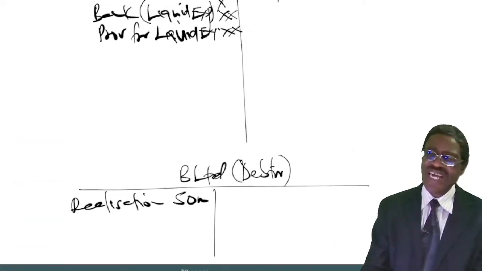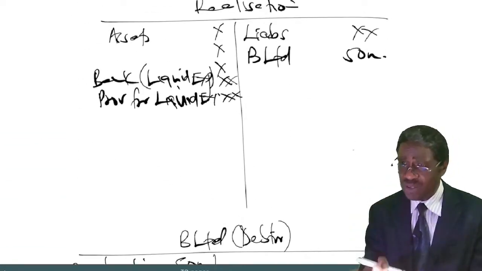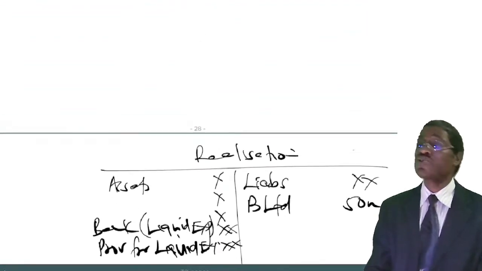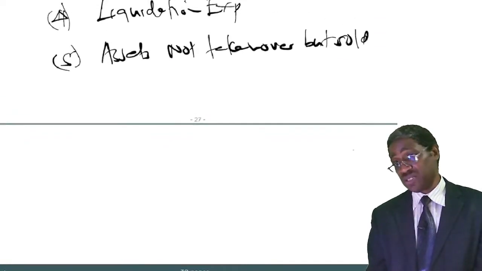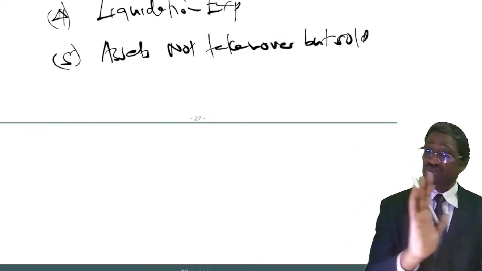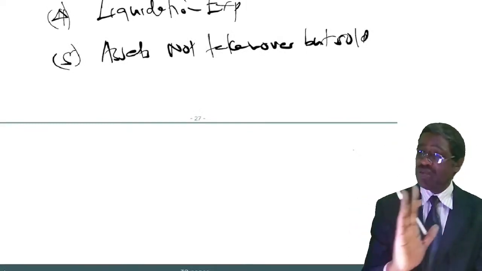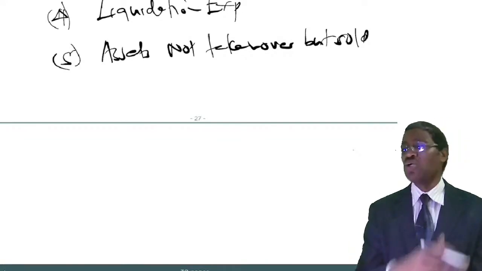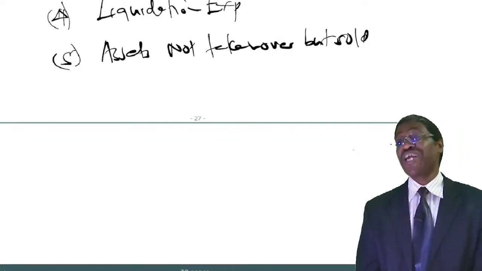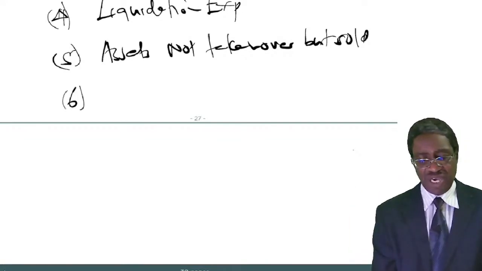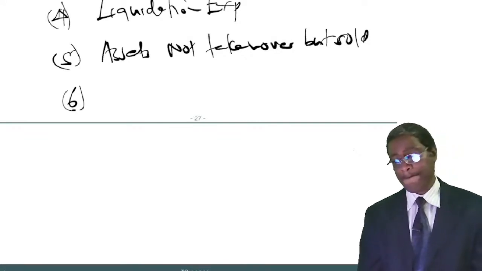Saying with any assets not taken over by the purchasing company but sold by the selling company, you will debit bank and you will credit the asset, whichever the asset. Then I've said with whatever balance is in the asset account, being either gain or loss on disposal, you transfer it where? The realization account. That's number 5.